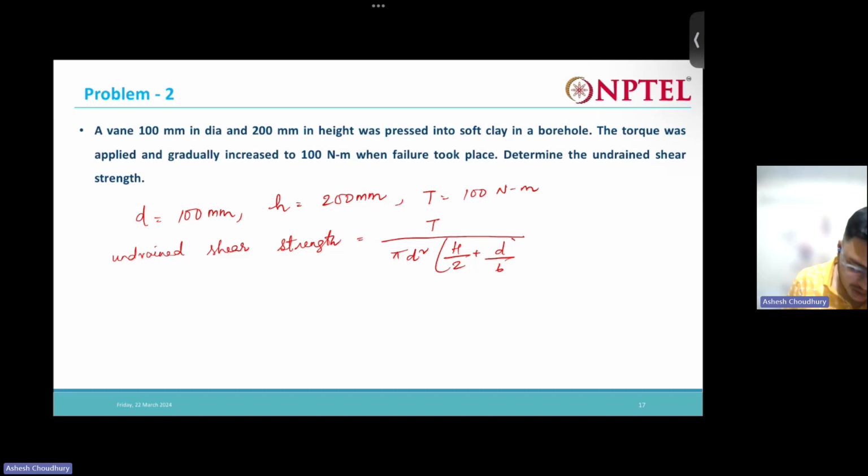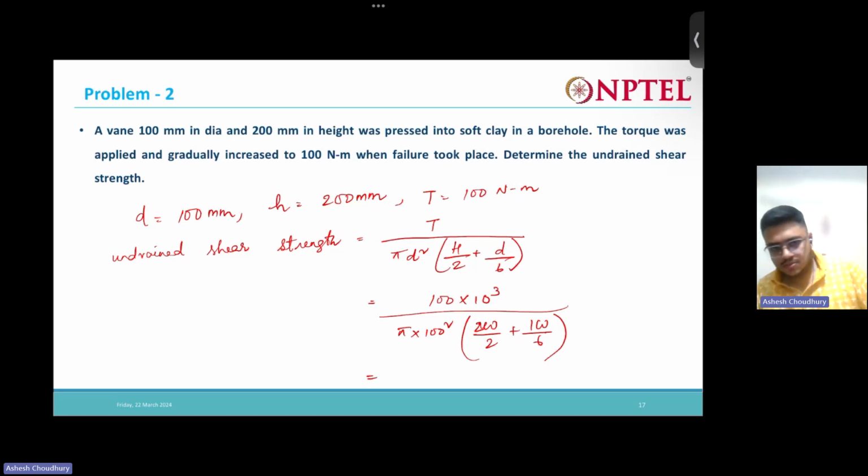Okay, so this is the relation. So calculate this. Do this math, please. Please calculate.